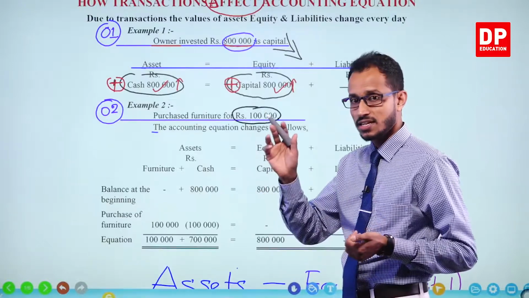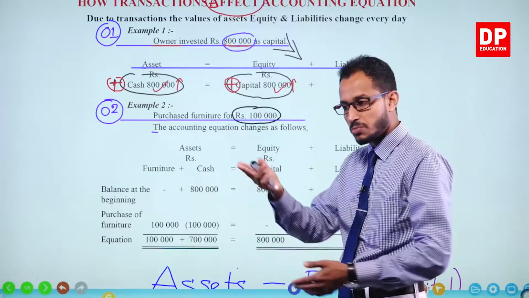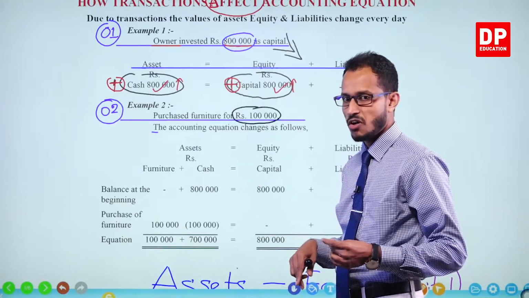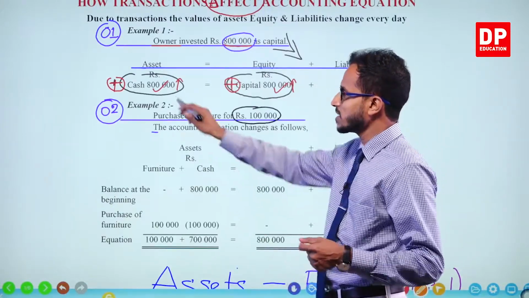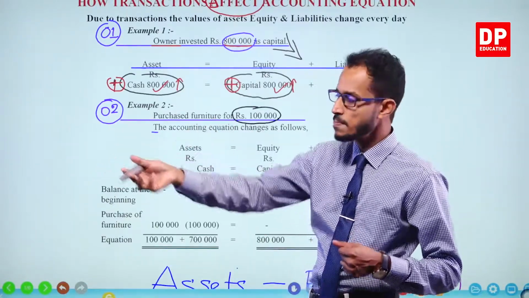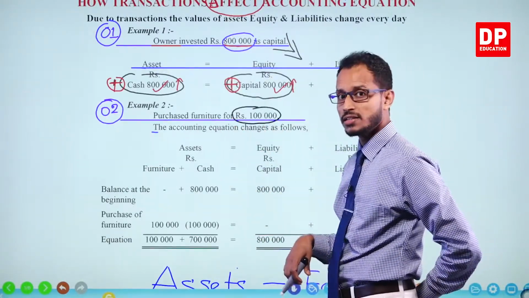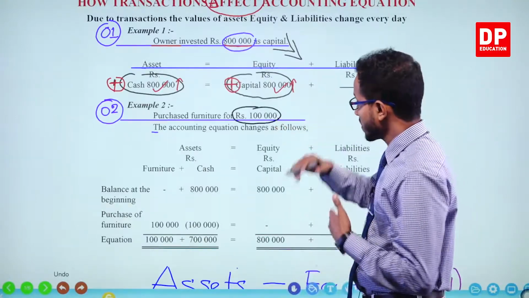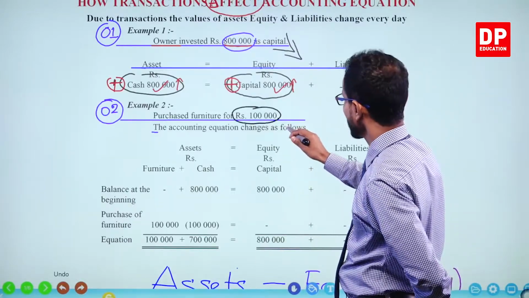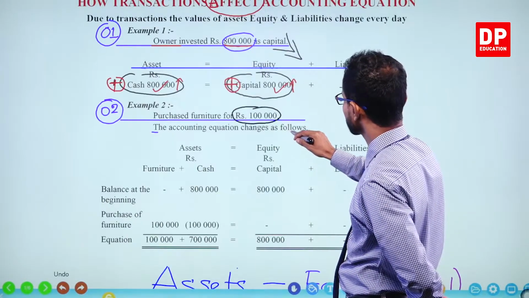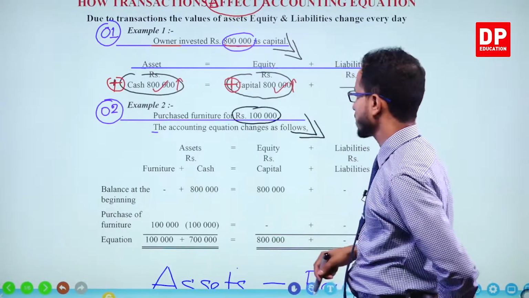The cash till refers to the cash machine which is used by the cashier of the business. You have seen these things, right? So this 800,000 is in that cash till, and the business has purchased furniture worth 100,000. Let's see how this transaction affects the accounting equation.